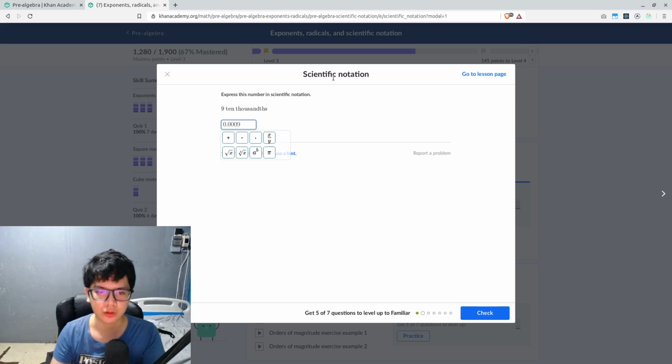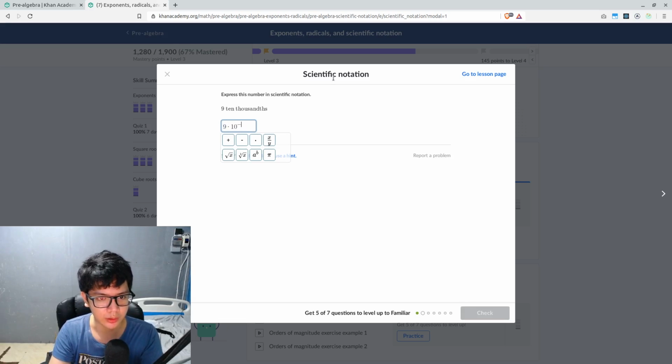In scientific notation, it's going to be 4.9 times 10 raised to negative 4.